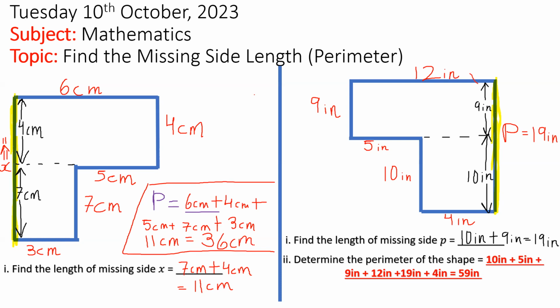Where's Kaden? Kaden Miller. Okay, anyone else got 36? Let me know. All right, I did, Janelle. Okay. Any questions on this?